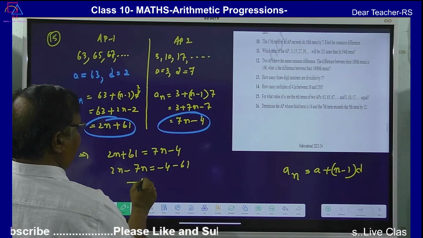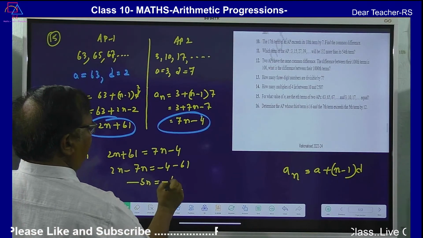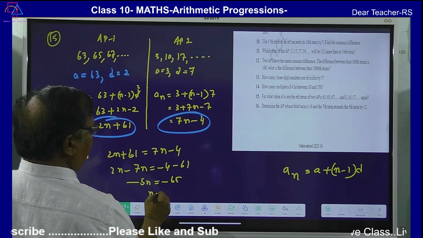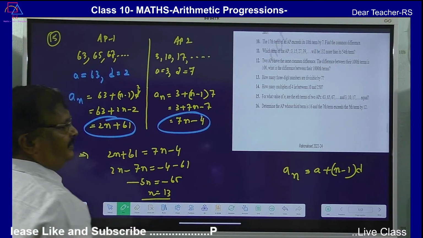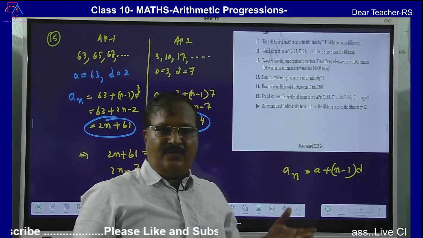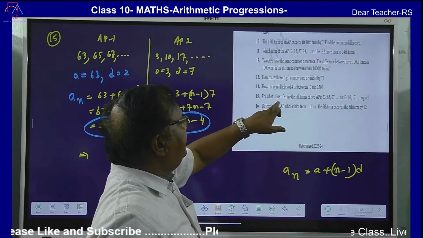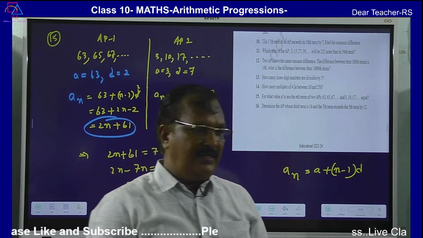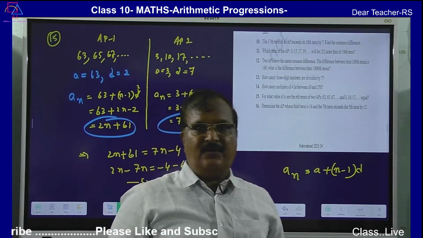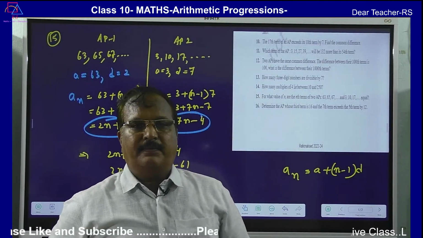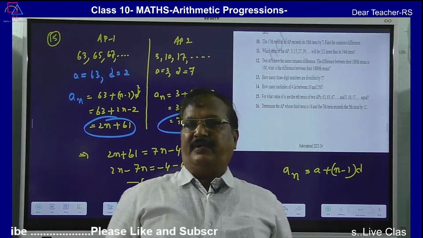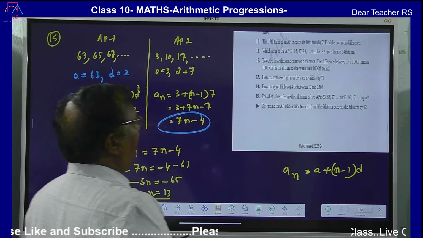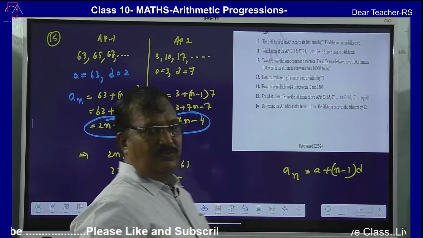So minus 5n is equal to minus 65, n is equal to 13. So at n is equal to 13, both nth terms are equal. Okay. So here the nth terms are equal; the question may be changed, in the place of n any term. Okay. So this is what I wanted to complete.